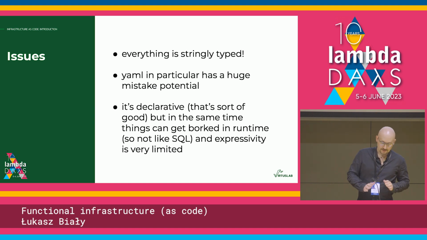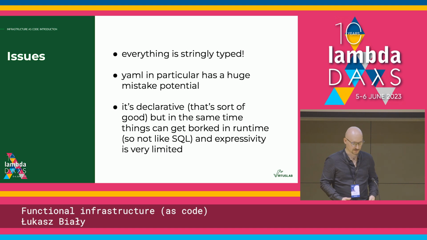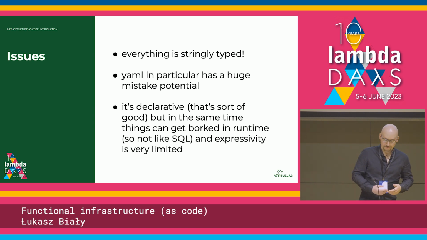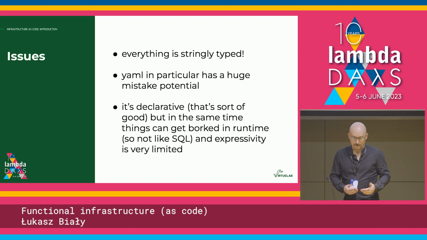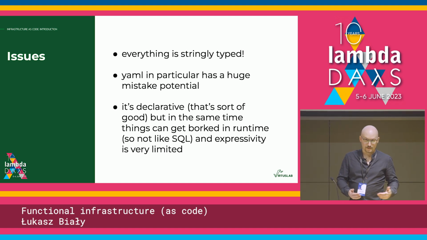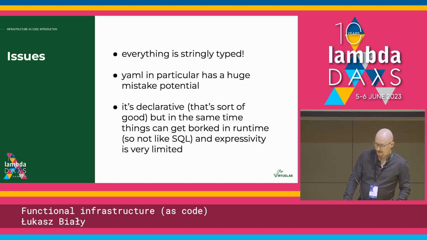But there were things that were okay. Most of the stuff was declarative, and that's basically good. We want to describe what we want to do. But at the same time, most of those tools had the problem that you declared stuff, but unlike SQL engines, you didn't get an error up front. It just started executing stuff and then weirdly broke and exploded in runtime.